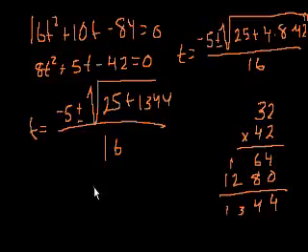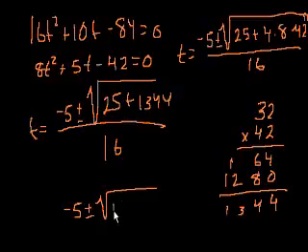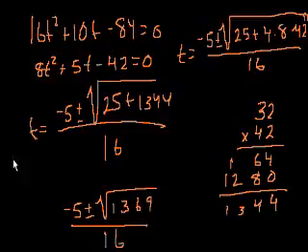1344 plus 25, so it's minus 5 plus or minus the square root of 1369, over 16. And actually, I don't know what the square root of 1369 is. Let me get the calculator. Give me 1 second.